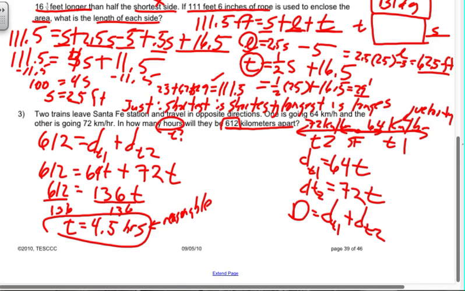And we can come back in and actually plug all of this back in. So the distance for train 1, if we plug it back in, is going to be 64 times 4.5. And then we calculate that one, that's 72 times 4.5. And then when you add them together, they're going to add back up to 612 kilometers. And that's what we were looking for.